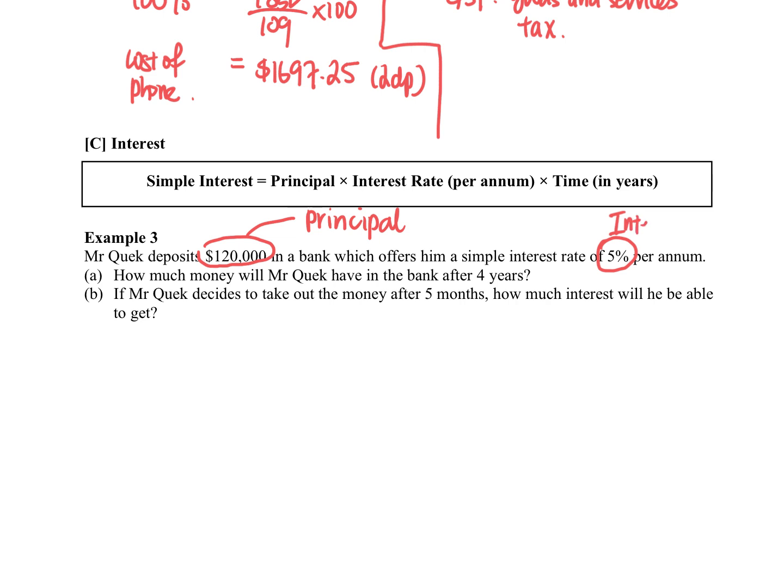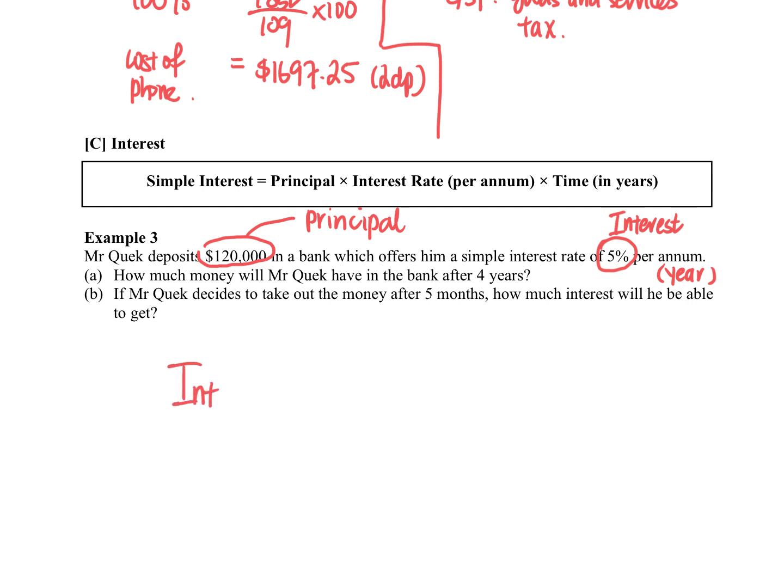This is the interest of 5% per annum. Per annum means per year. So every year, they are going to give you 5% of what you put in. So they ask, how much money will Mr. Quack have in his bank after 4 years?